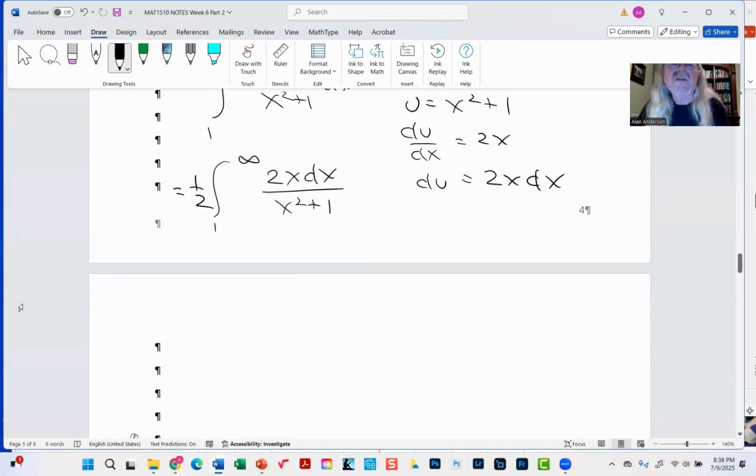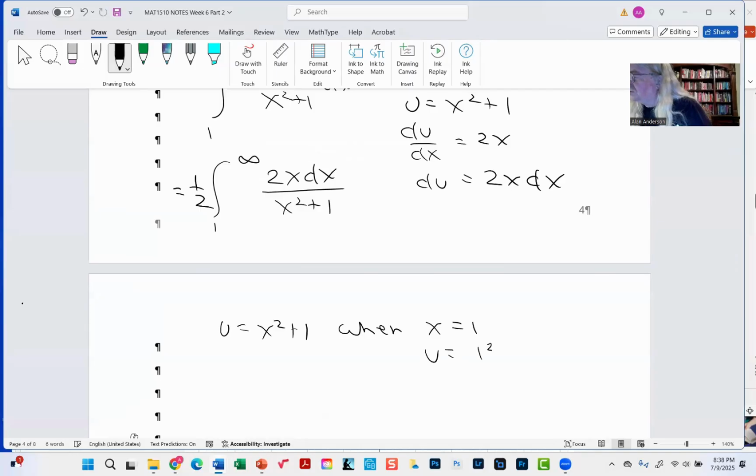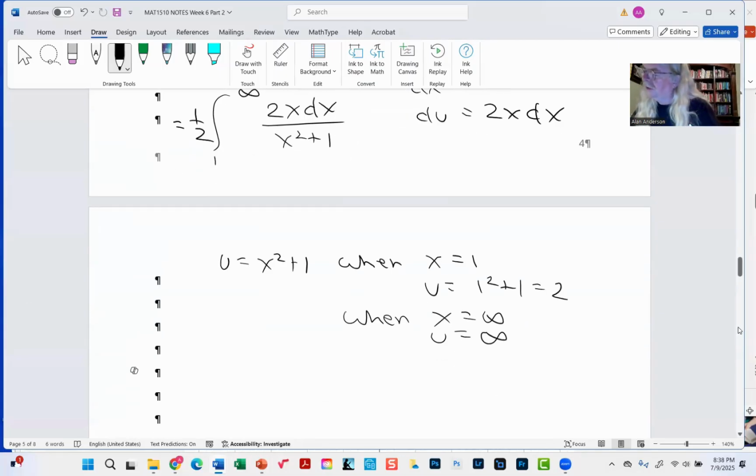All right, so remember how this works. Once we change this to u's, remember we've defined u to be x squared plus 1. So when x equals 1, u equals 1 squared plus 1, which is 2. But at the same time, when x equals infinity, then u also equals infinity. So that means we have to rewrite this as 1/2 the integral from 2 to infinity of du over u.